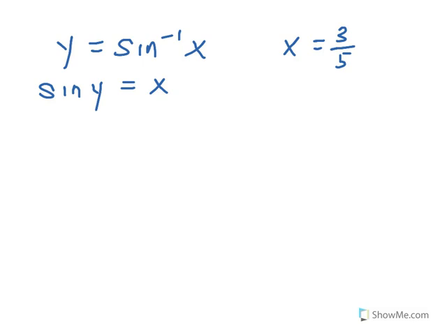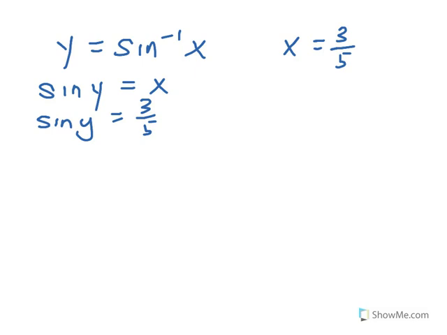That's simply by taking the original function that's been defined and writing it without the inverse. It's taking the inverse of the inverse. If that's true, then we could also say that since x is 3/5, the sine of y is equal to 3/5. And that leads us to a picture that may be familiar to you.